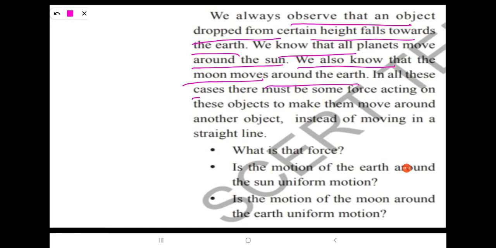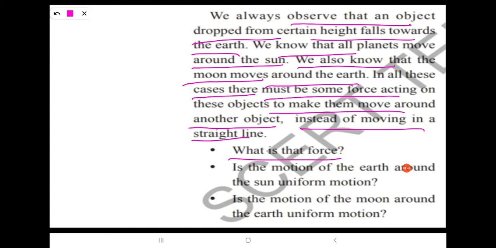In all these cases, there must be some force acting on these objects to make them move around another object instead of moving in a straight line. So what is that force?